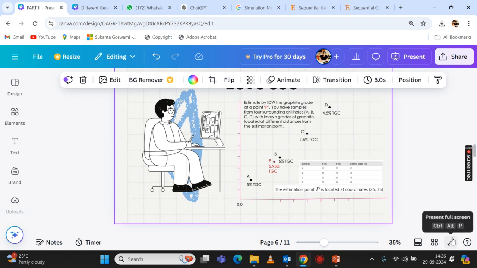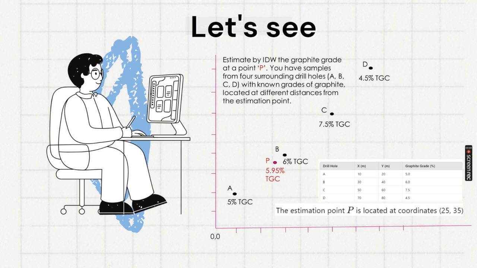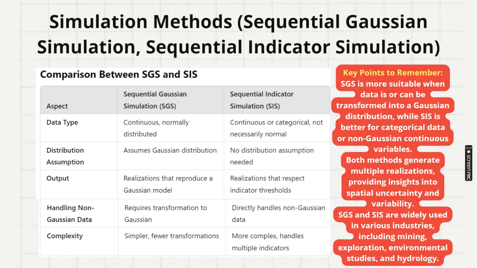So all the surrounding points are important, and therefore the likelihood of error is very limited. Most of the time IDW gives fair enough data.